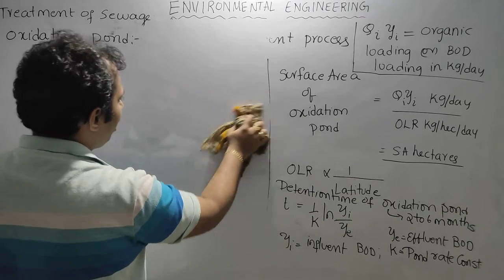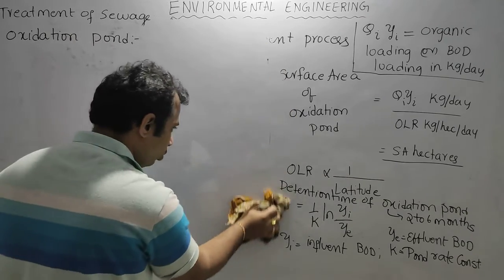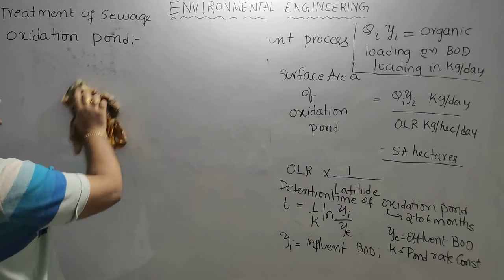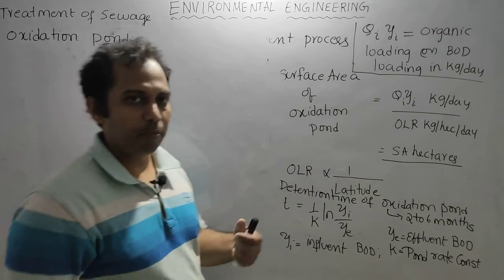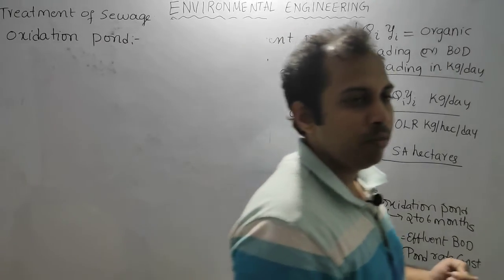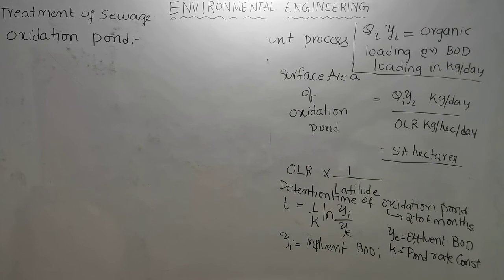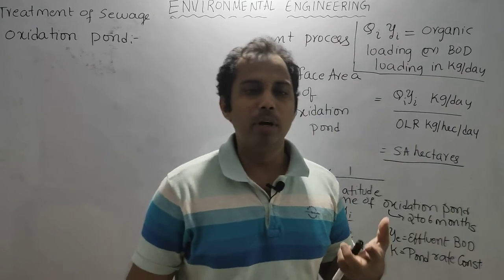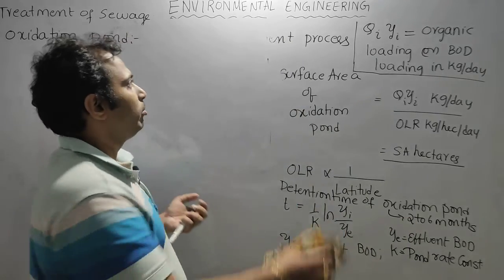It may be an aerated or a non-aerated lagoon. After some time, whatever organic matter is present inside the lagoon will naturally convert into manure, which is used for plant growth. Those are lagoons.